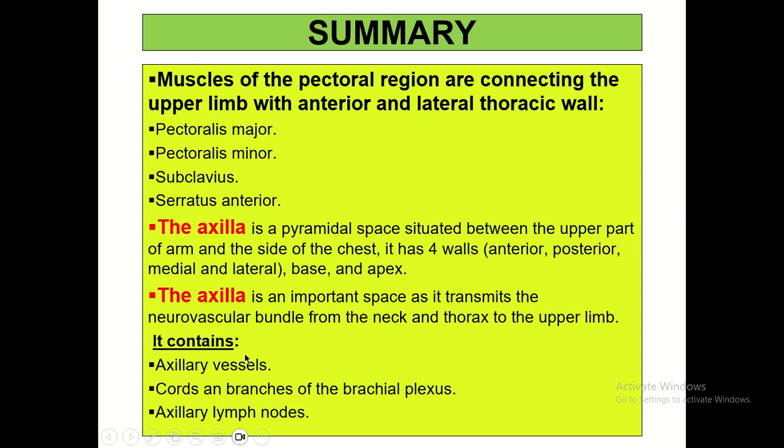For a glimpse, the axilla contains the axillary vessels, that is your axillary artery and axillary vein. It also has important cords of your brachial plexus, coming from C5 to T1, and your axillary lymph nodes, five groups of axillary lymph nodes. We're going to talk about it in the lecture on the axilla.